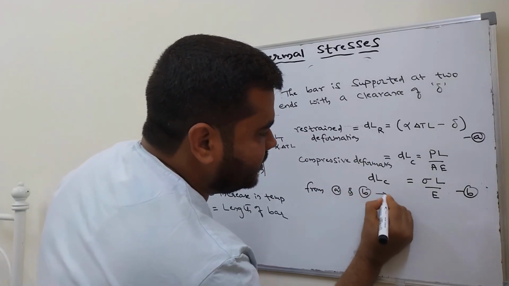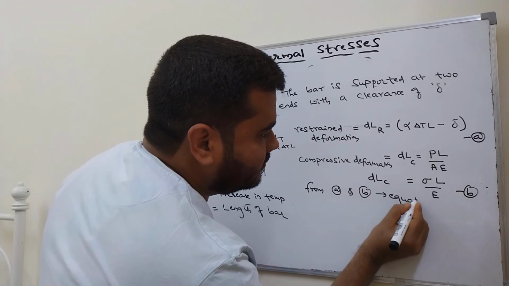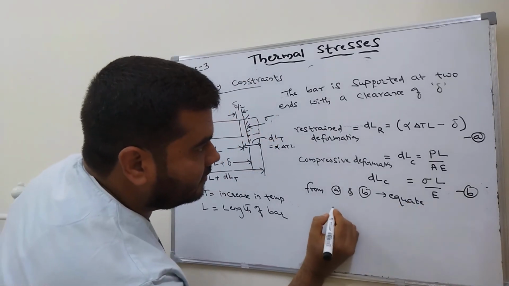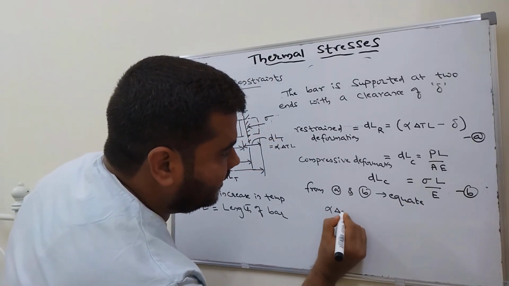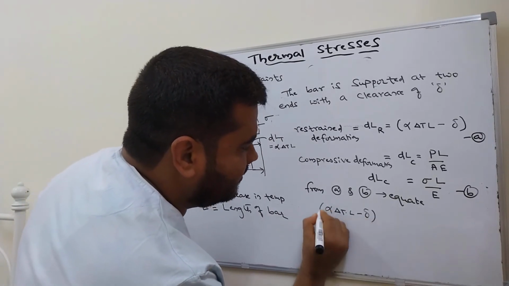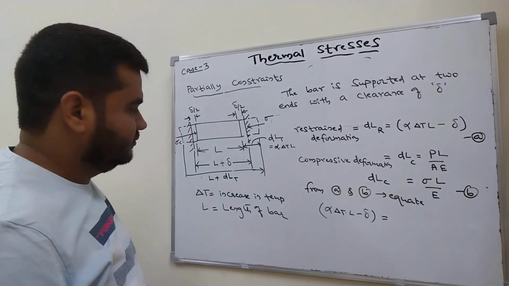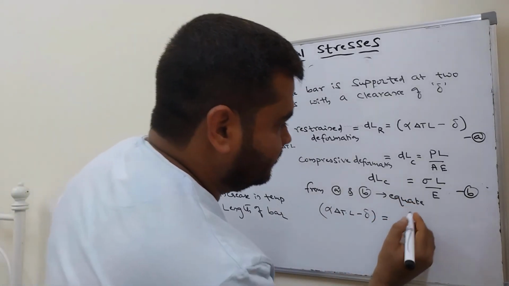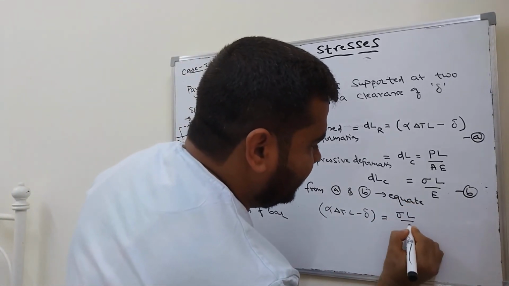From A and B, you need to equate alpha into delta T into L minus delta equal to stress into L divided by E here.